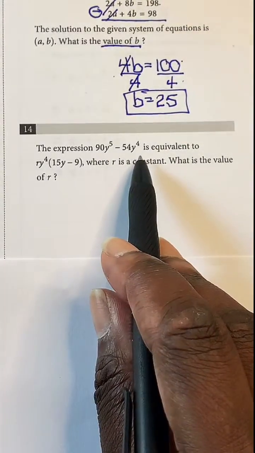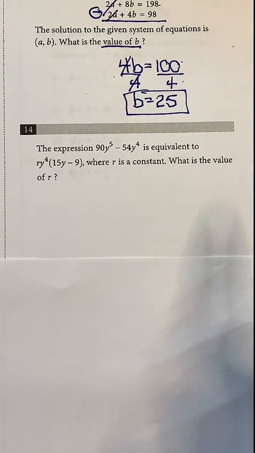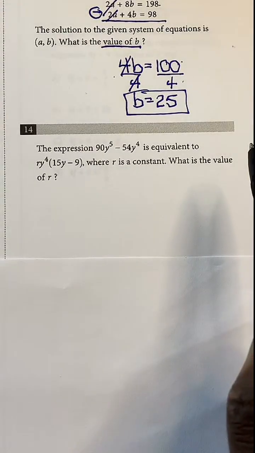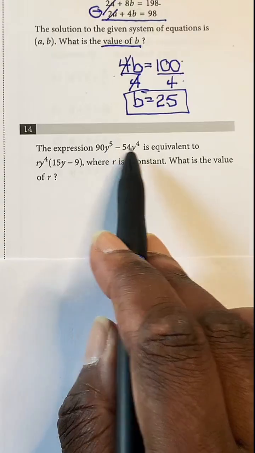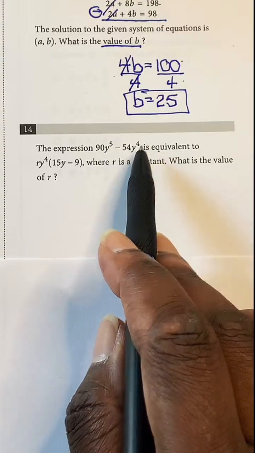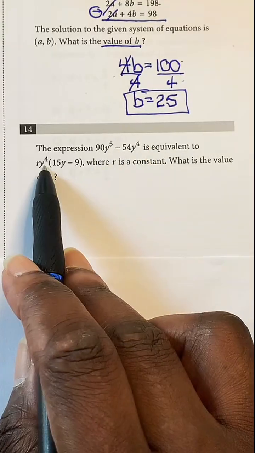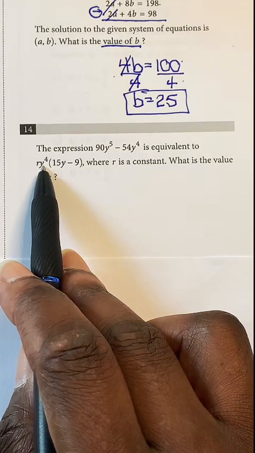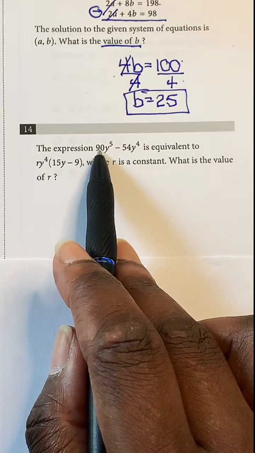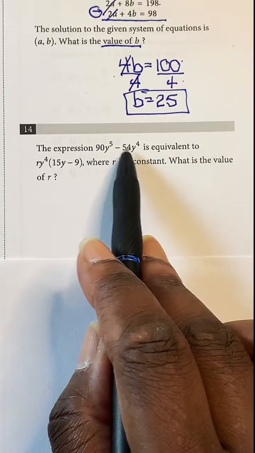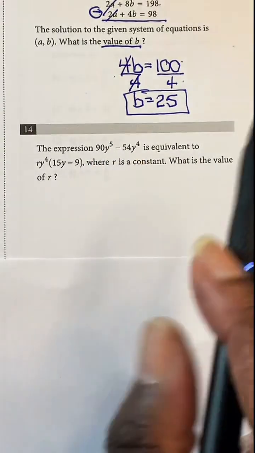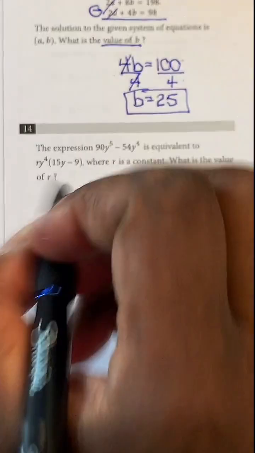what's happening here is basically we're trying to factor things out. If you notice, we have our y to the 5th and we have y to the 4th. What they have in common is y to the fourth, right? So if I do 90 and I do 54, what number do 90 and 54 have in common?